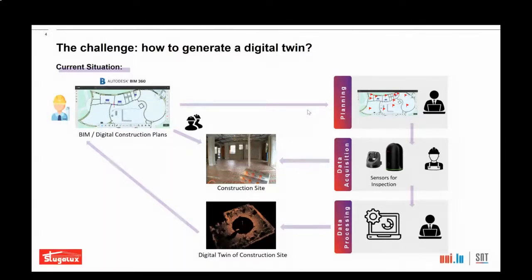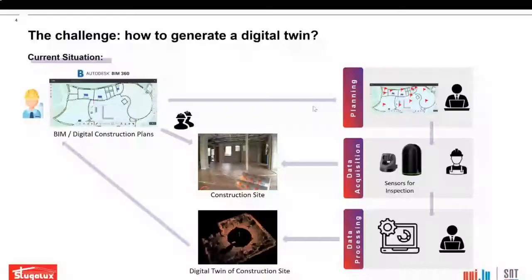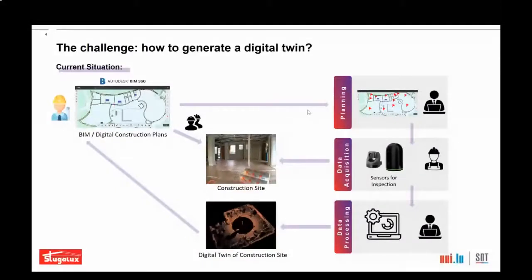Then, before the robot, a human worker was using the sensors on site. That means he had to go to the pre-planned point, he had to install the sensor, he had to run the data acquisition, and then finally, all of these data are brought back to the office, and then the data has to be processed in order to fuse the digital construction plan and the 3D point clouds.